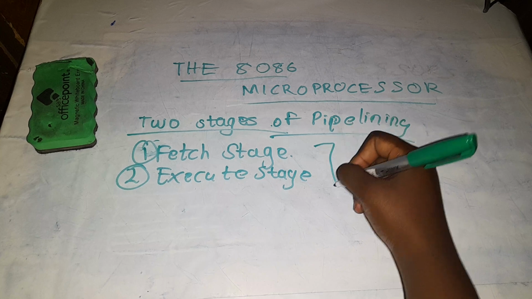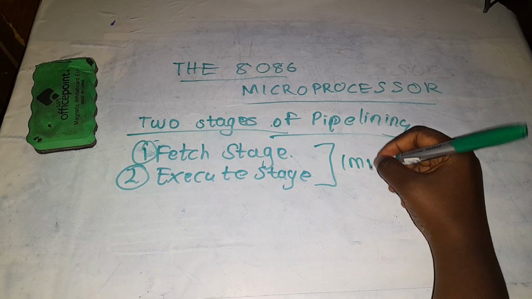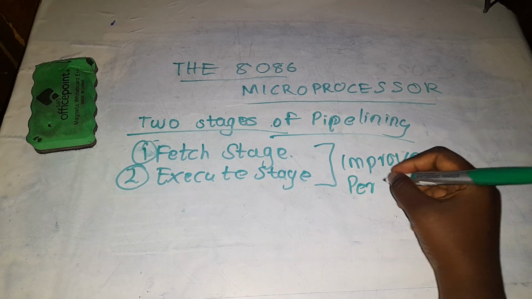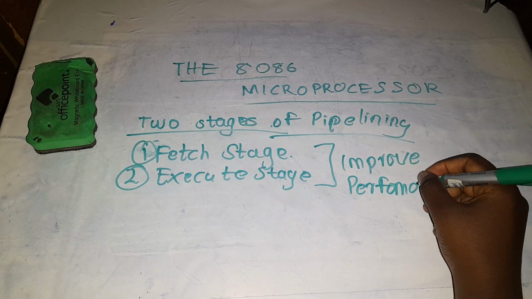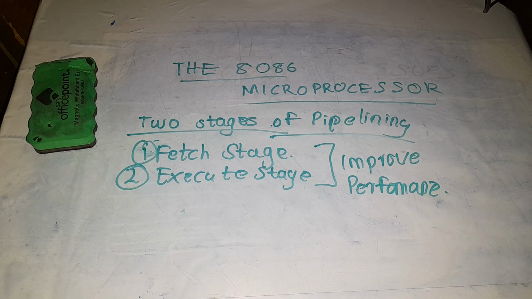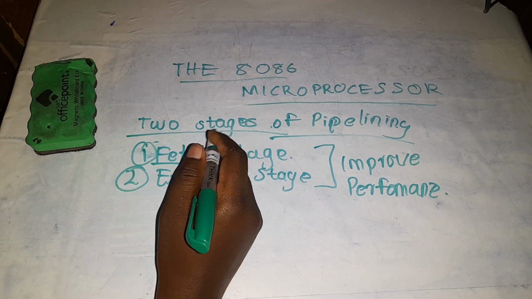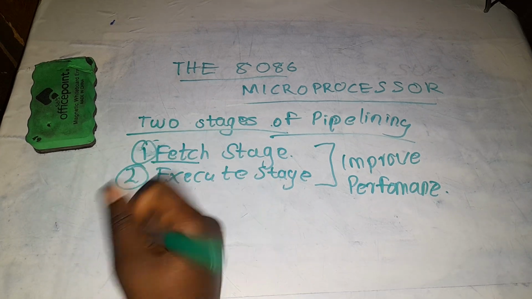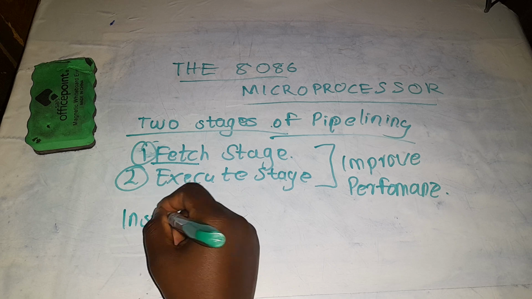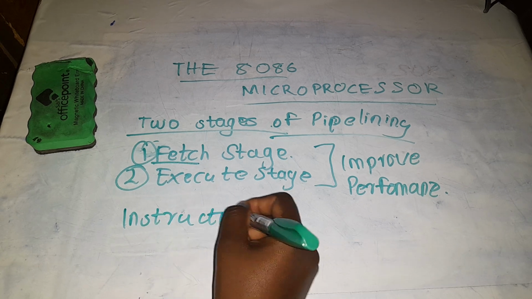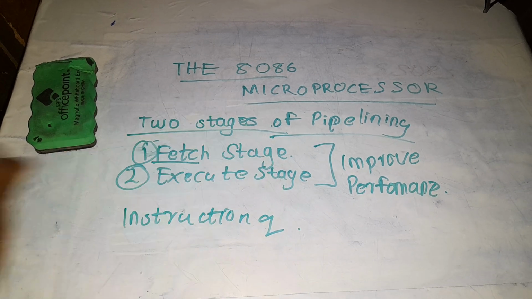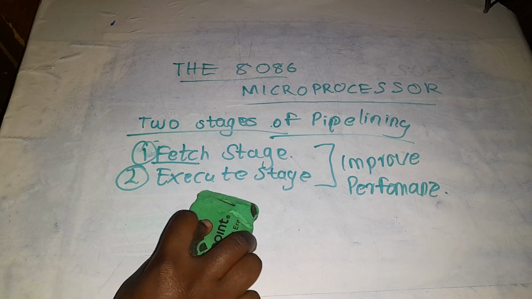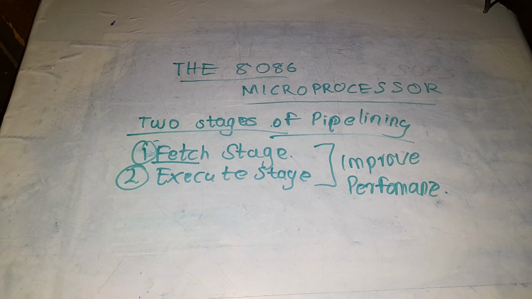These 2 stages improve performance. The fetch stage can fetch up to 6 bytes of instructions because of the special thing we call the instruction queue. Remember about the instruction queue. So the fetch stage can fetch up to 6 bytes of instructions, and then the execute stage will execute those instructions.